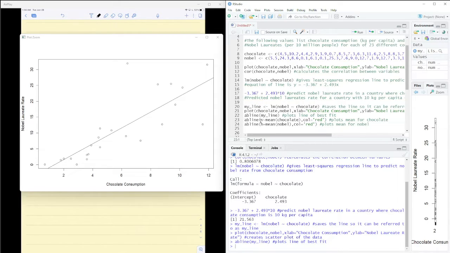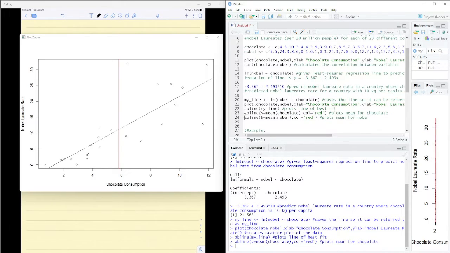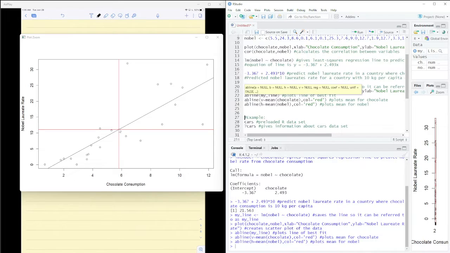And just to show again, if you take the mean of the x values and the mean of all the y values, that's always going to be a point on the line. So if I plot a vertical line for the average of the x values, chocolate, and I plot a horizontal line at the height of the mean of the y values, you'll see that the point, the mean of the x values comma the mean of the y values, is a point on the line.